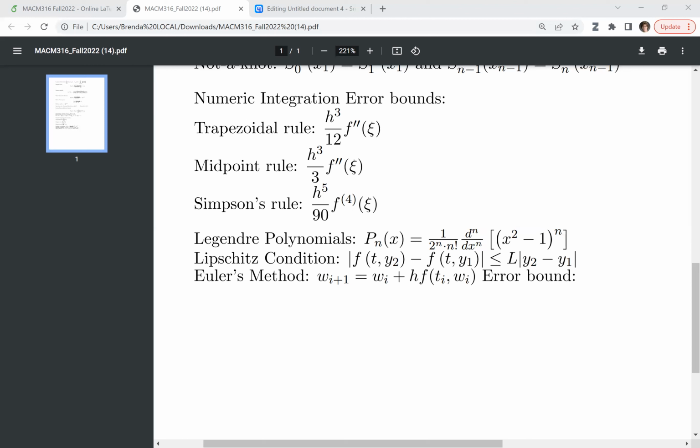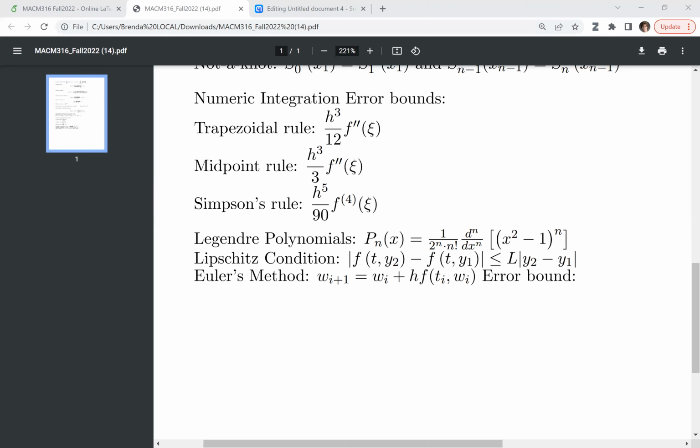That's the length of the string here. We make those assumptions to make things easier, right? And then we want to understand what the period of the pendulum is.